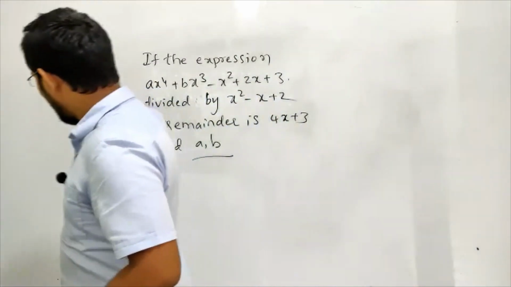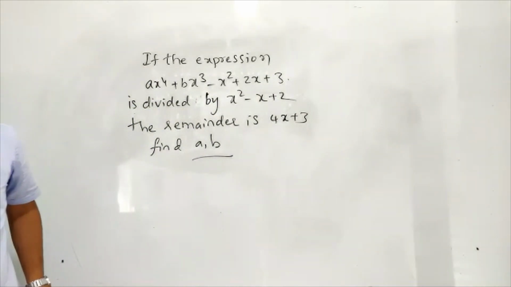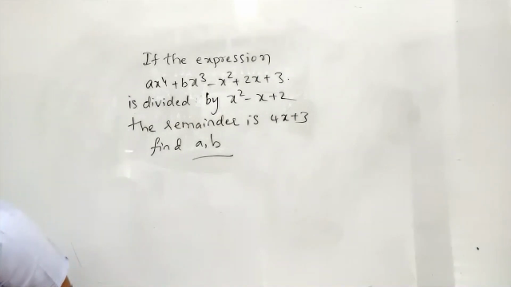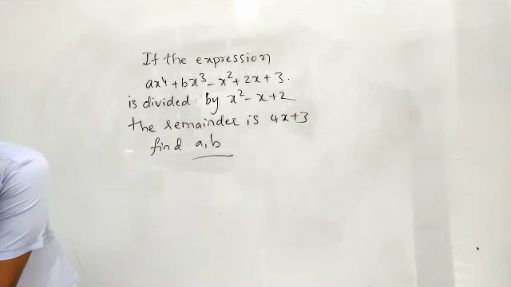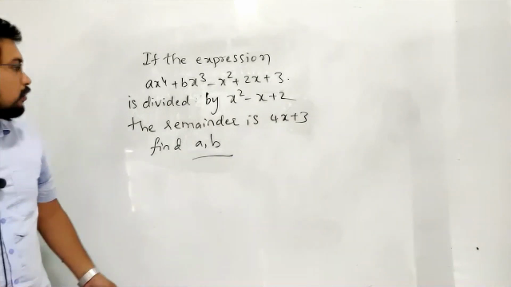What are the values of A and B? A is 1, B is -1, Harsha. Next. The expression ax power 4 plus bx cube minus x square plus 2x plus 3 is divided by x square plus x minus 2.